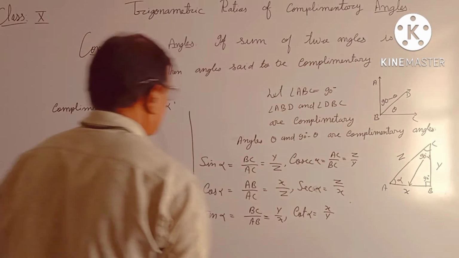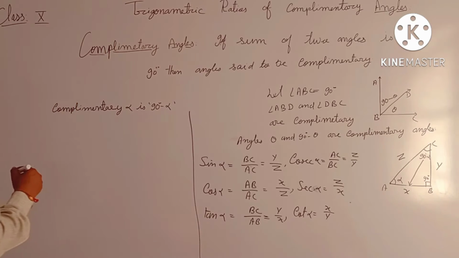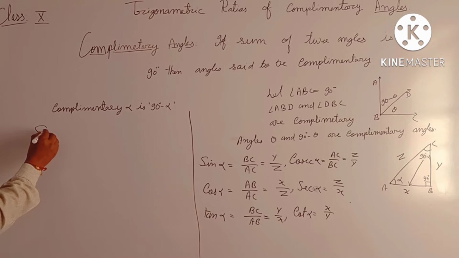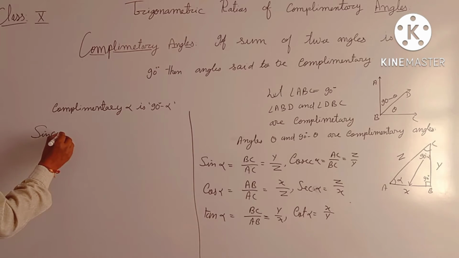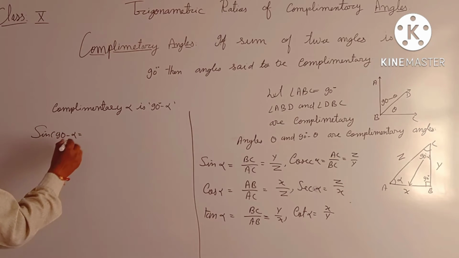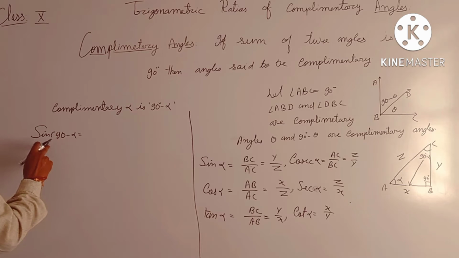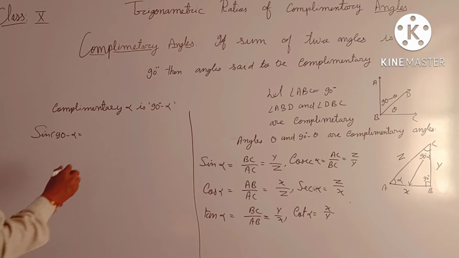Then we will write sin of 90 minus alpha. As we know, sin theta equals perpendicular upon hypotenuse.